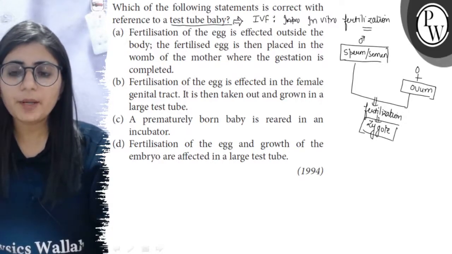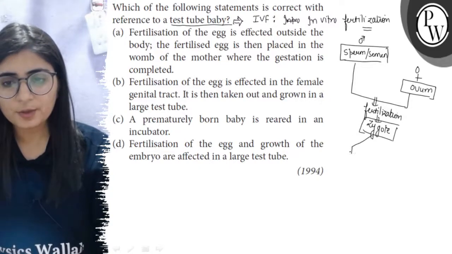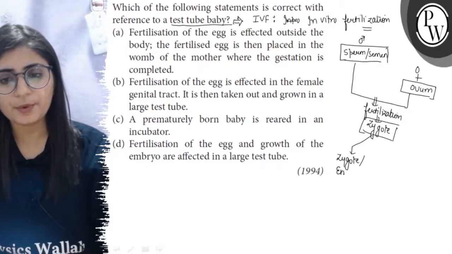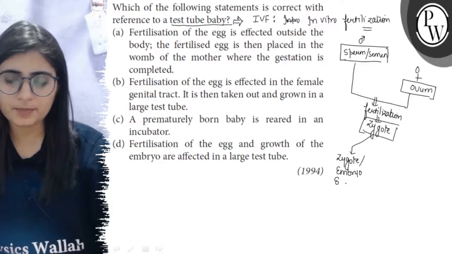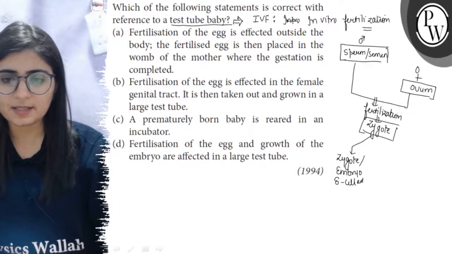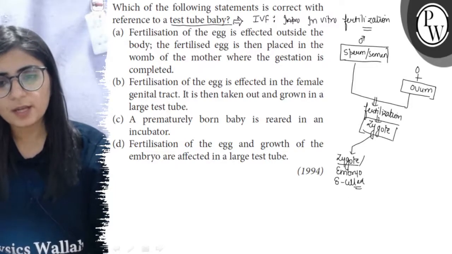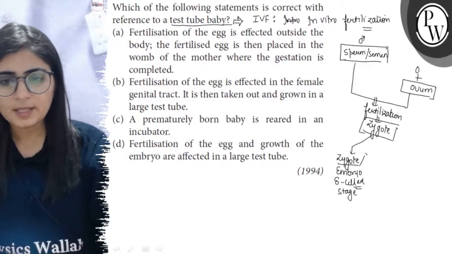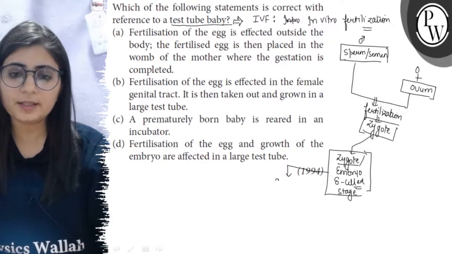Rest of the development of embryo will be taking place in the uterus, because this zygote or the embryo, when it is up to the 8 celled stage, and these cells of embryo are known as blastomeres. So the zygote or embryo up to 8 celled stage, if in this condition transplantation is to be done, then it is done in the fallopian tube of a female.